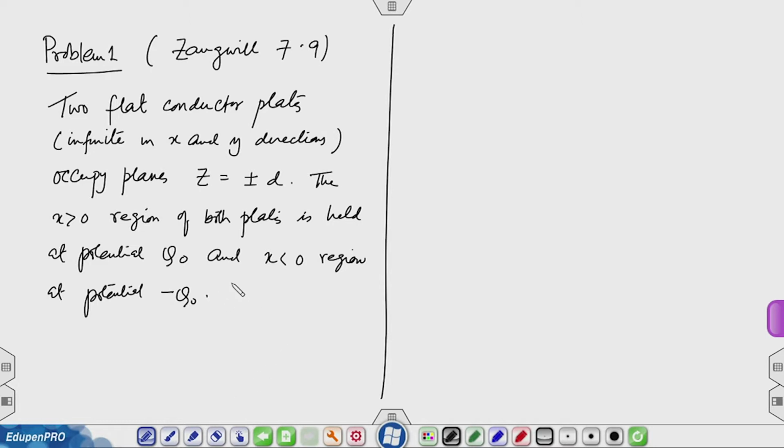What we are being asked to do is to obtain the expression for the potential between the plates.